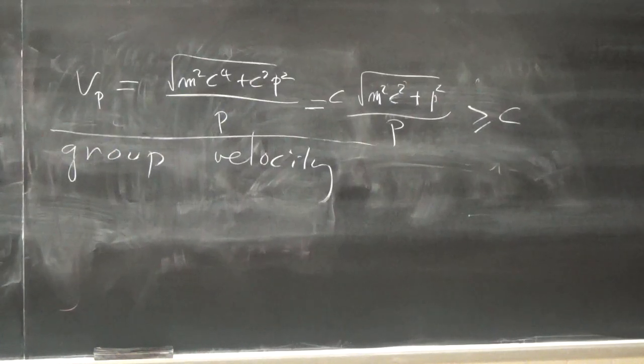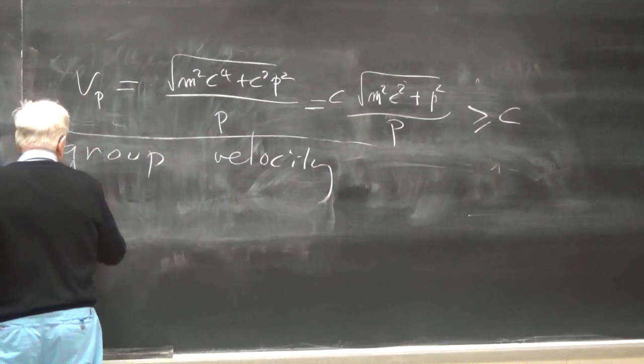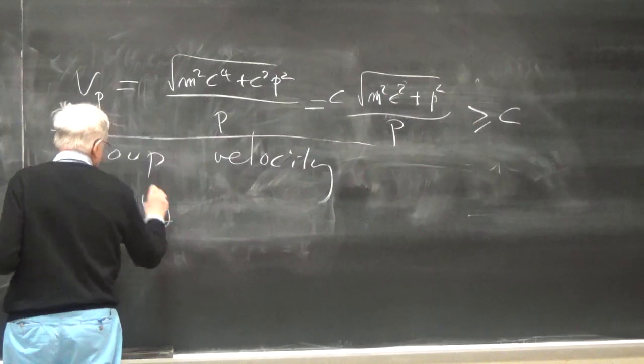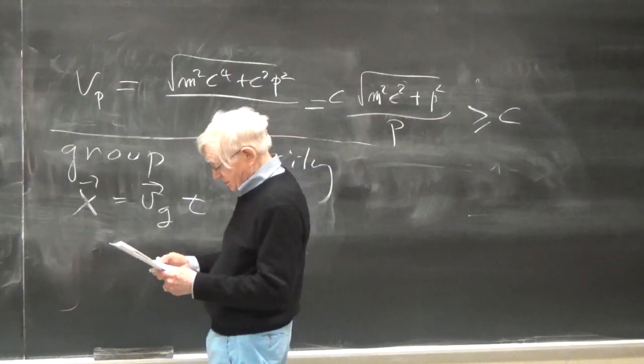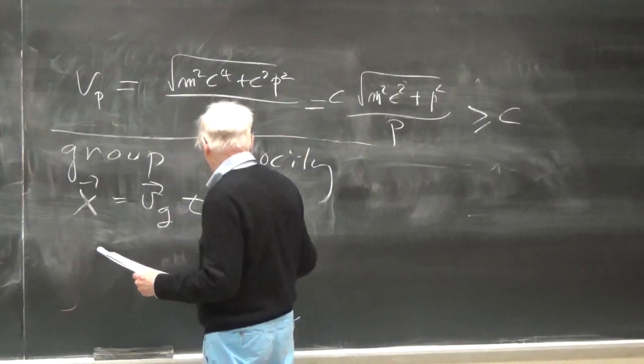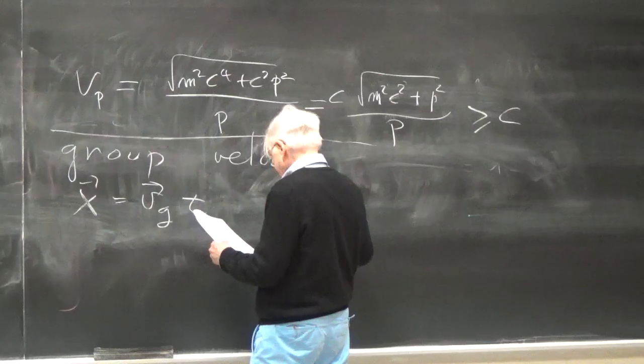The group velocity, on the other hand, is where the wave packet's going. And so it's a linear relation, x equals v g times t, that maximizes the amplitude. And that's keeping the phase constant.